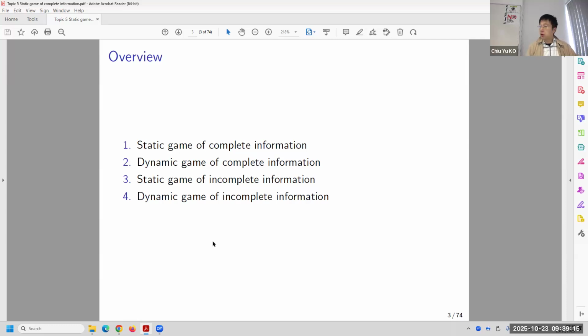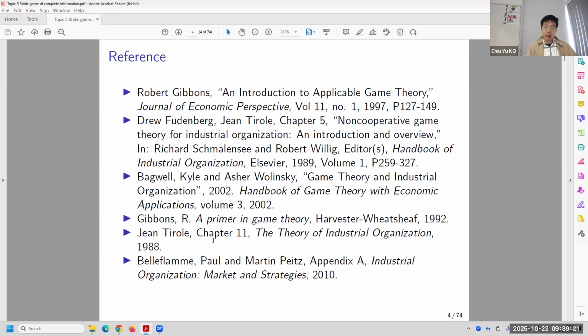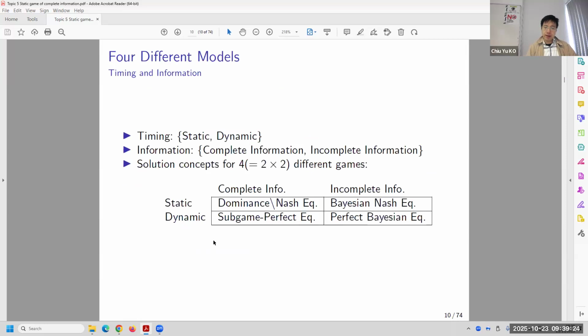If you want to go further, there is a lot more, but I'm only able to cover the main 4 things. I mentioned today we are doing this, and then we end this topic, and the next topic will be subgame perfect equilibrium.